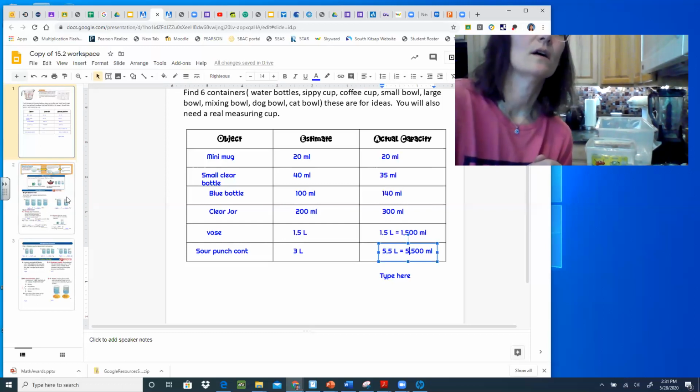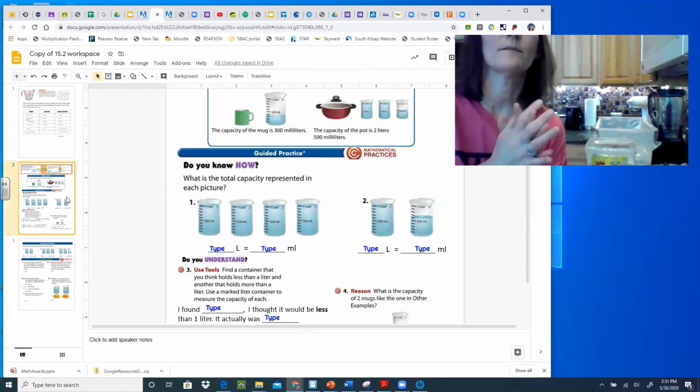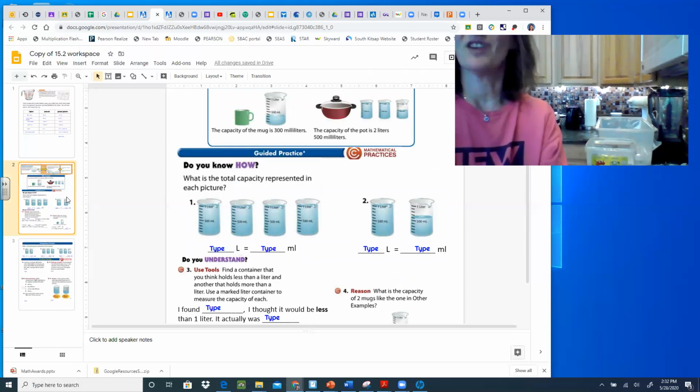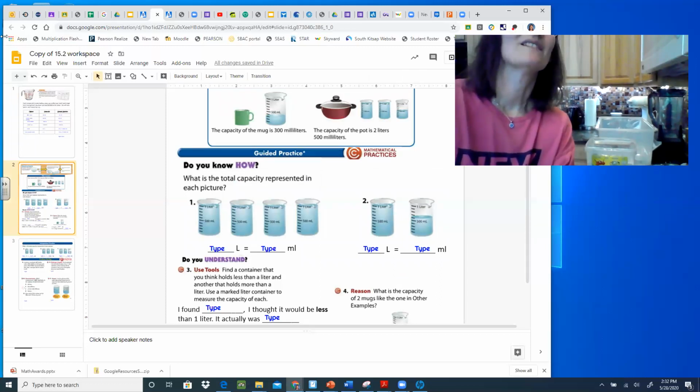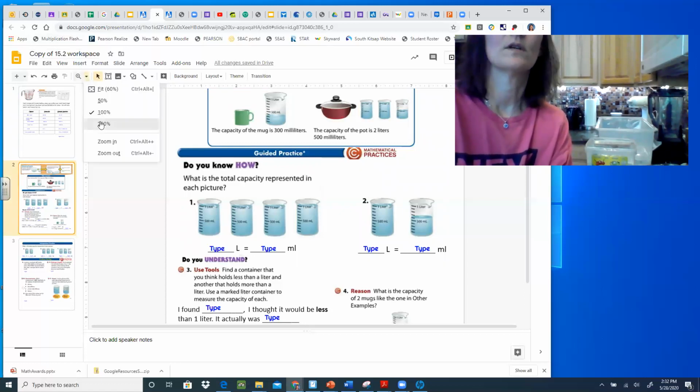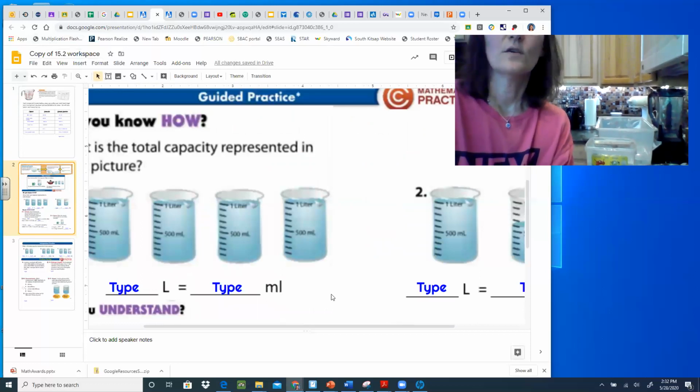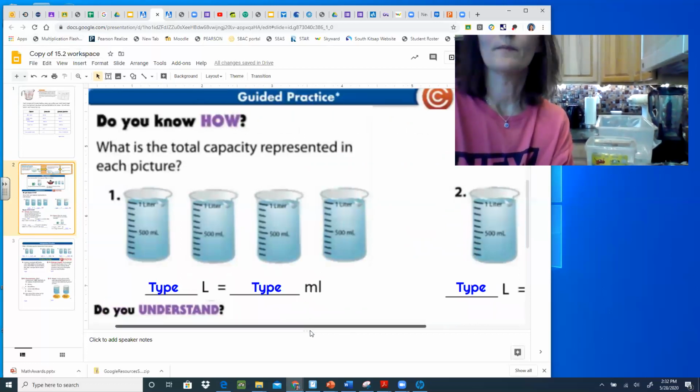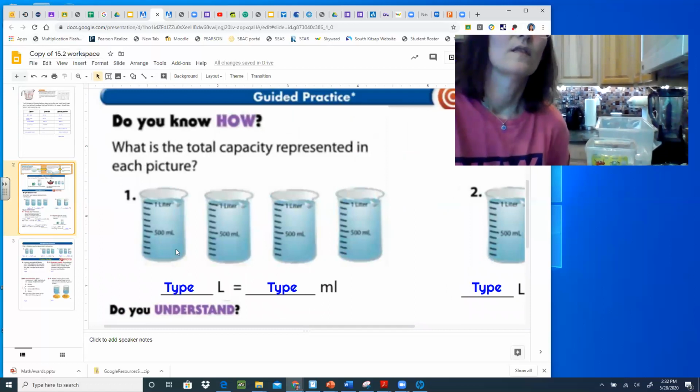Okay, now on to our next page. So what is the total capacity represented in each picture? I'm going to zoom in so we can see that better. Let's go to 200%. So as we look closely, we notice this is 1 liter, 2 liter, 3 liter, 4 liters.